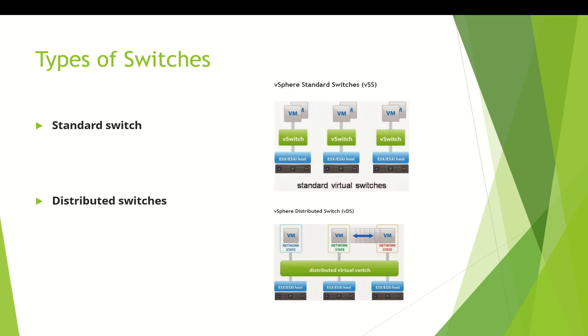Distributed switches also support some advanced networking features like I/O control, port mirroring, network health check, and support for protocols such as NetFlow, PVLAN, that is private VLAN, link aggregation control protocol, that is LACP, and the Link Layer Discovery Protocol, that is LLDP, etc. But the main drawback is that the distributed switch comes with the Enterprise edition, and the standard switch comes with the default standard edition.